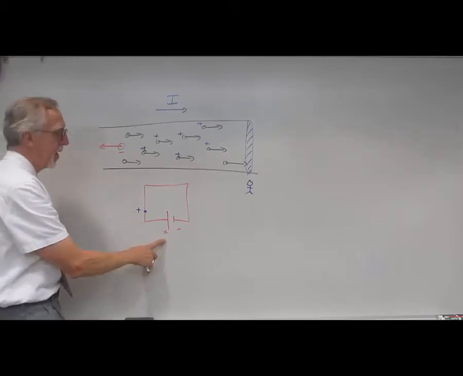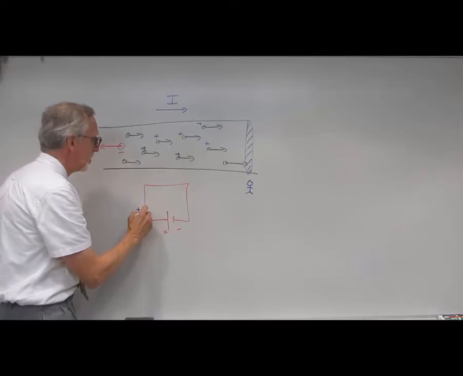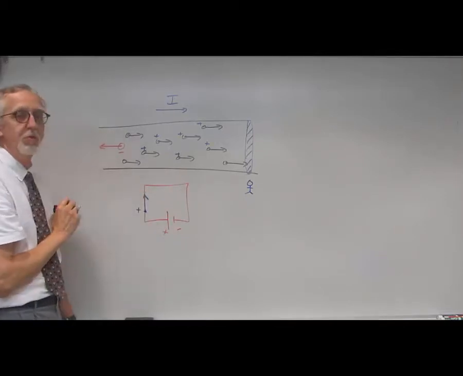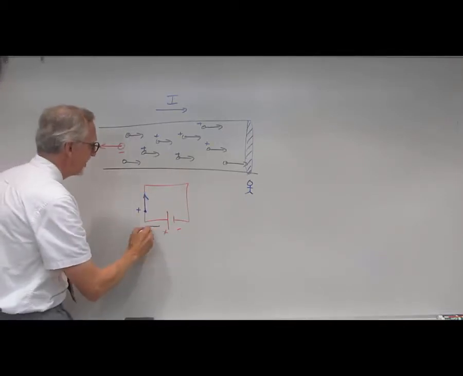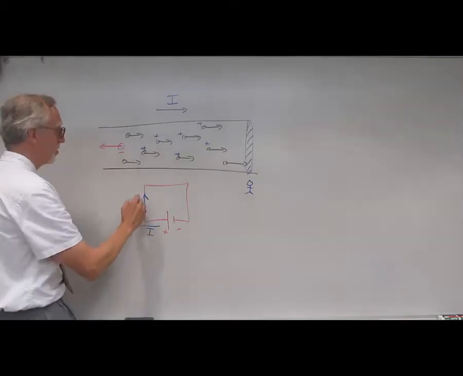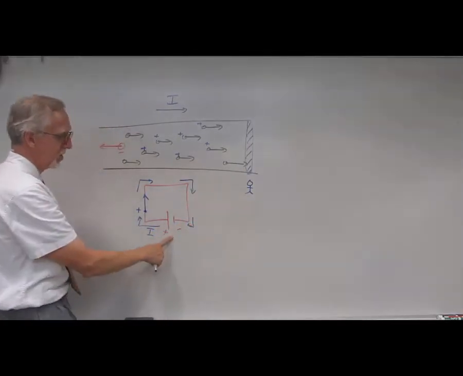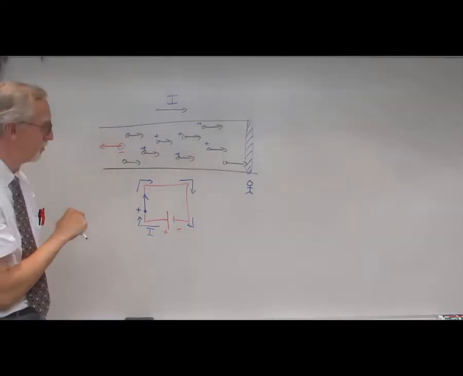Well, it would be repelled by the positive side, attracted to the negative side, so a positive charge would move in that direction. So that's the direction we will define as the direction of the current. So current, in this case, will go in a clockwise direction with that orientation of our battery.